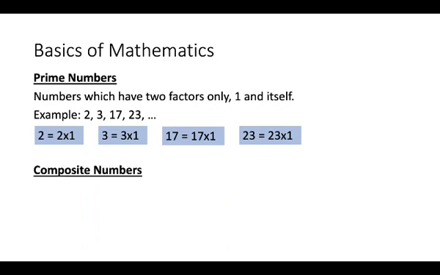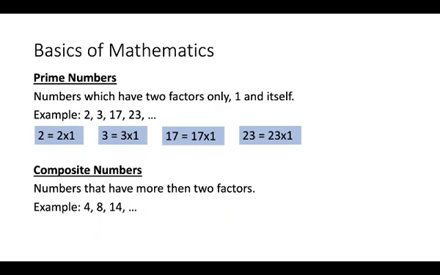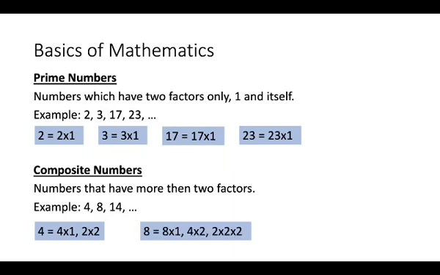Now, composite numbers. These are numbers which have more than two factors, like 4, 8, 14 and so on. Factors of 4: 4 into 1 or 2 into 2. Factors of 8: 8 into 1, 4 into 2, or 2 into 2 into 2.